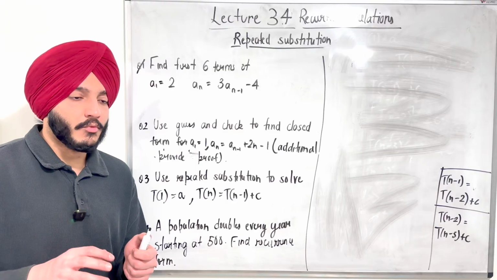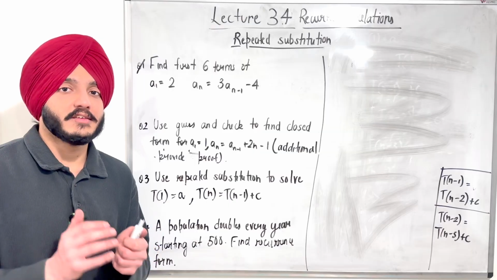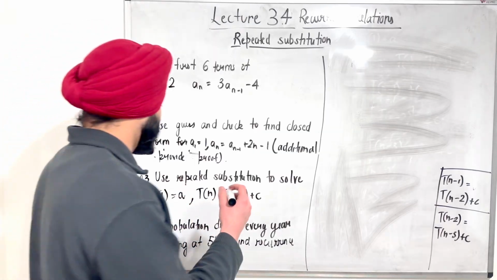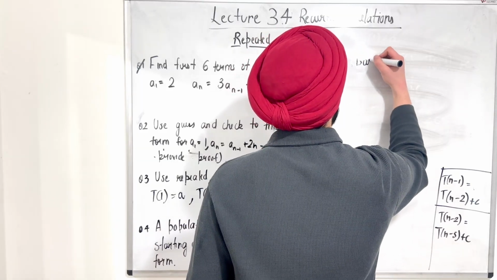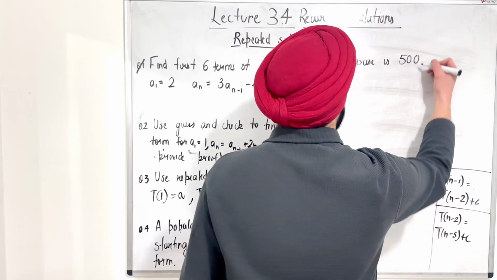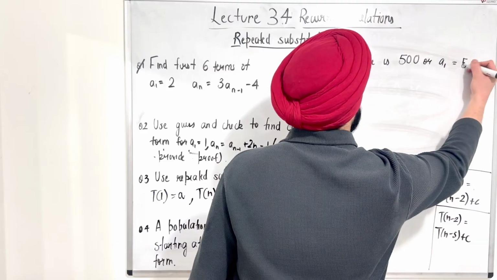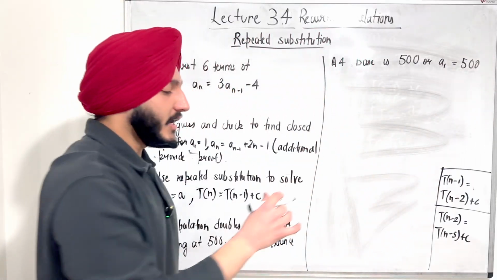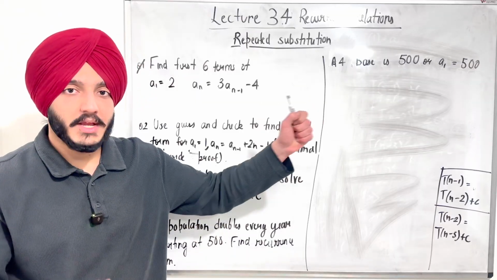Whenever you see the word starting in a question, it pretty much means that this is the base case, the first term. So for answer 4, base is 500, or A1 equal 500. I hope this makes sense. I'm starting with 500, so my base case would be A1 equal 500.